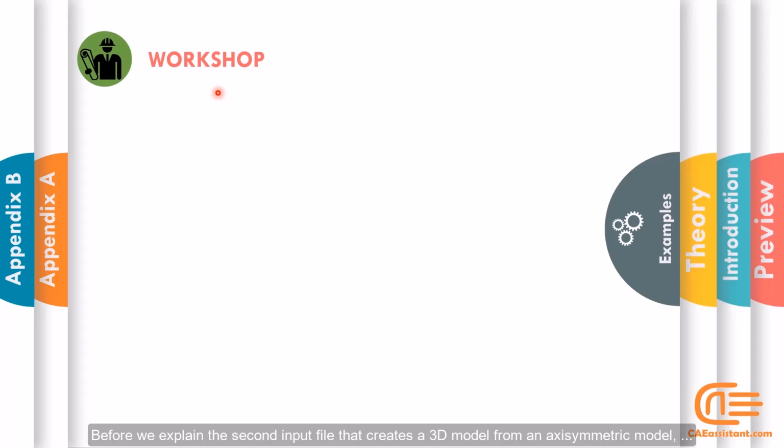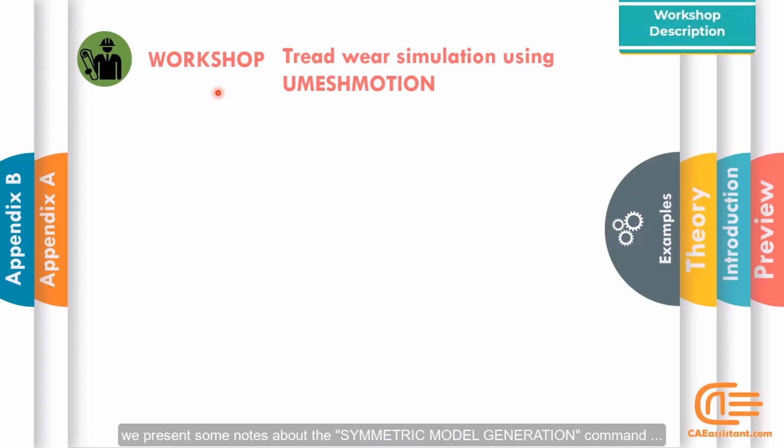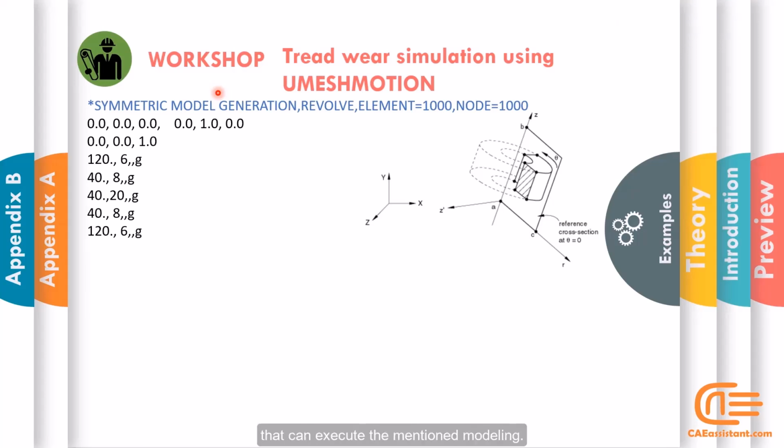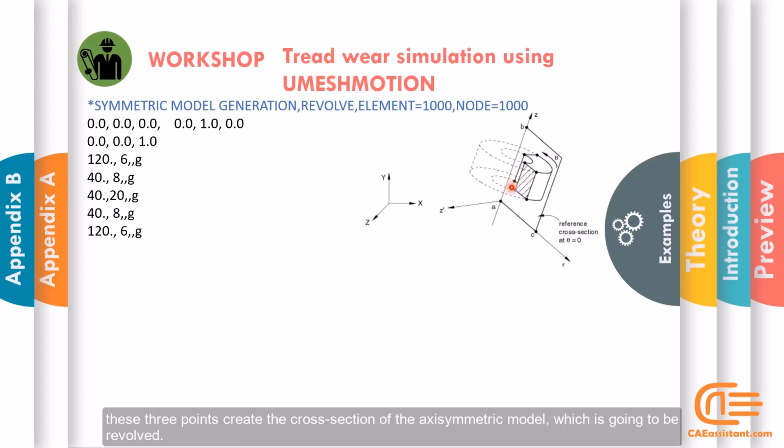Before we explain the second input file that creates a 3D model from an axisymmetric model, we present some notes about the symmetric model generation command that can execute the mentioned modeling. These 3 points create the cross-section of the axisymmetric model, which is going to be revolved.